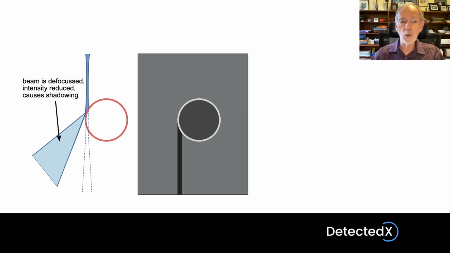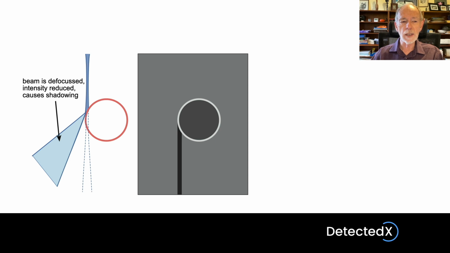This diagram shows why edge shadowing occurs. On the left, what we have is a cross-section of, let's say, a cyst, and the ultrasound is striking the wall of that cyst, and the beam is deflected. But the important thing is that the beam is being defocused.